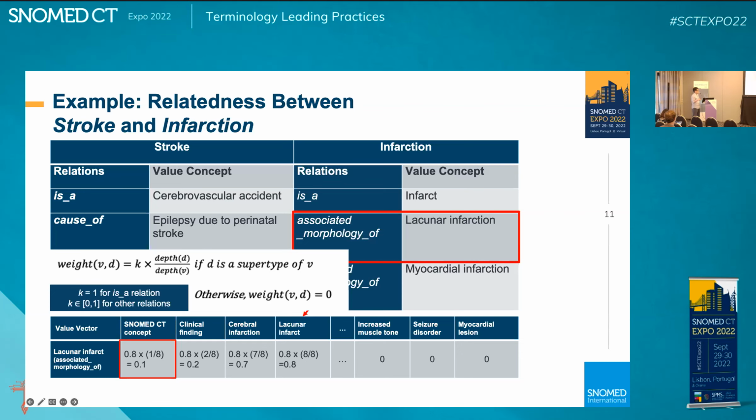So in the case of lacunar infarct, which corresponds to a non-IS-A relation, we multiply by K that is set between 0 and 1, and we arbitrarily set K at 0.8 in this case. And the weights for lacunar infarct with respect to increased cardiovascular disorder or myocardial infarction are 0 because lacunar infarct is not subsumed by those concepts.